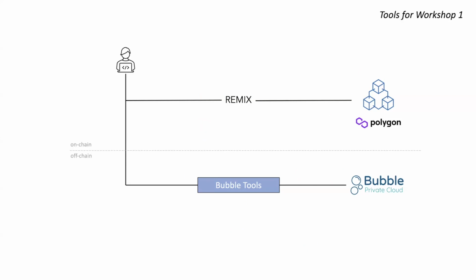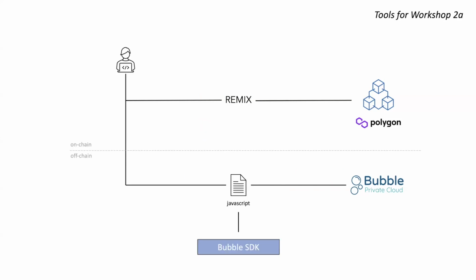In this part A, we will do pretty much the same, but instead of Bubble Tools, we'll write a JavaScript application, just a command line driven JavaScript application that uses the Bubble SDK, and that will allow us to go over the bubble class and the content manager.